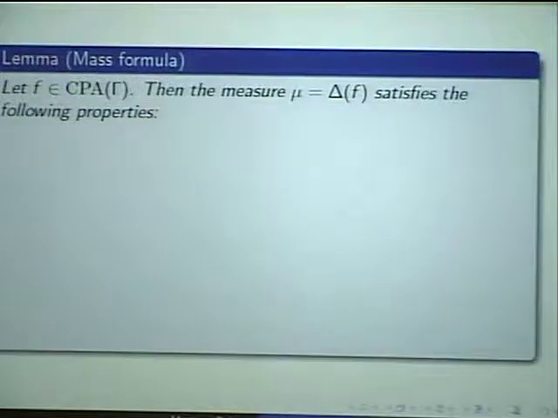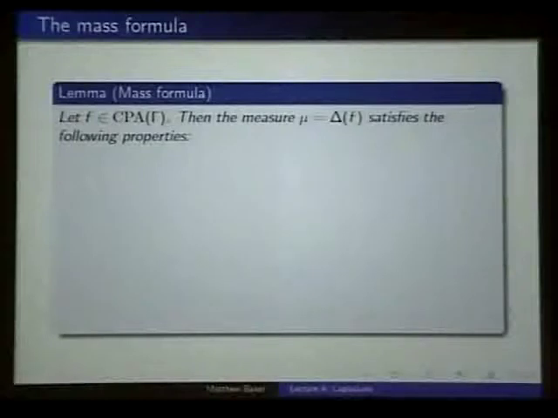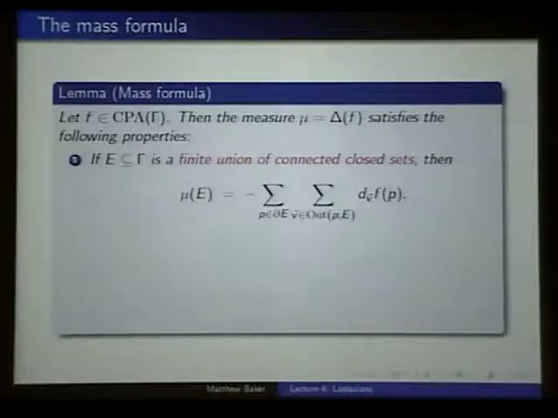Okay, so here's the mass formula. This is a very elementary thing, but it's a rather important property of this Laplacian. So this measure, which I'll call mu, satisfies the following properties. If you have a finite union of connected closed sets, then, it's a measure, right? So we can take the mass of some Borel set E like this.